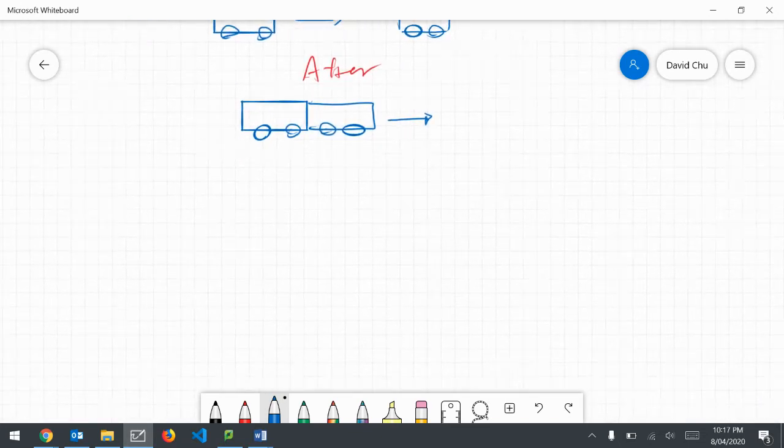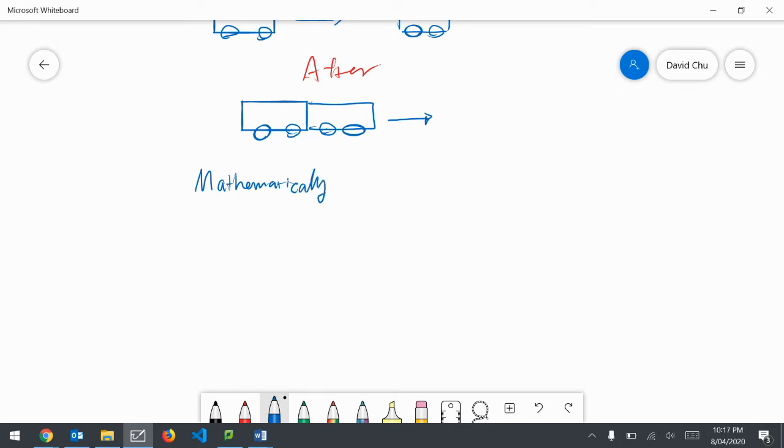So mathematically, this is how we write down momentum conservation. You have the mass of number one times the velocity of the first, and I'm going to write a little b here with a comma. This means this part here is the velocity before.